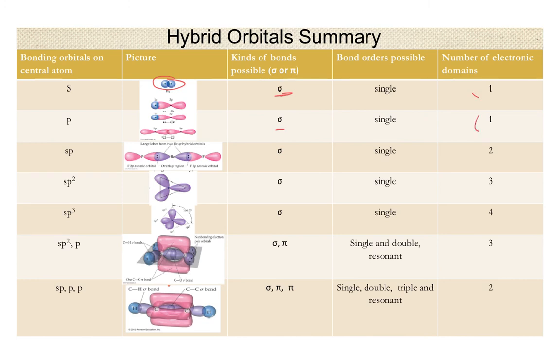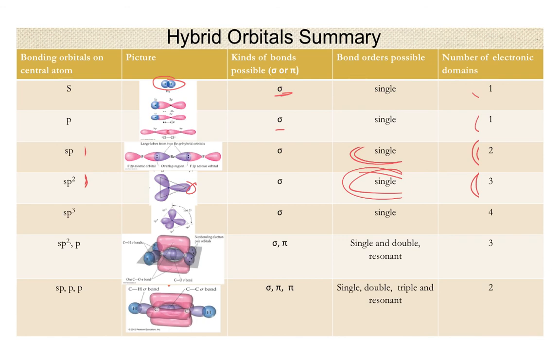If I have sp hybridization, I can tell I have sp because there are 2 electronic domains, like when we're counting out VSEPR. What's possible there? We can get a single bond. If I get sp2 hybridization, that gives me 3 electronic domains, like in trigonal planar, but the kinds of bonds that are possible are still all just single bonds, head-to-head overlap.